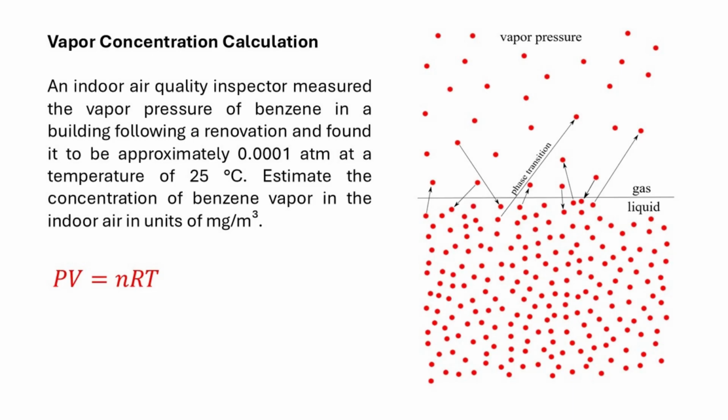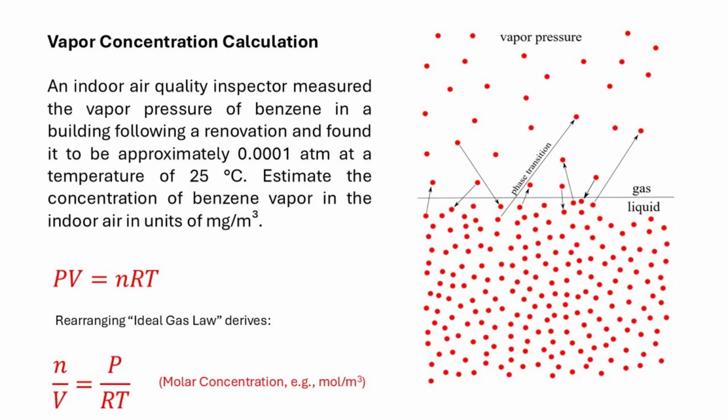Let's rearrange the ideal gas law into n divided by V equals P divided by RT. If we pay attention to the left side of this equation now, we can see moles per volume, and this is called molar concentration.